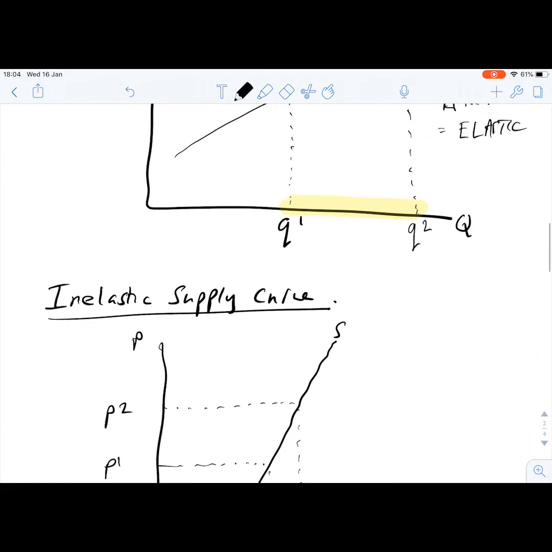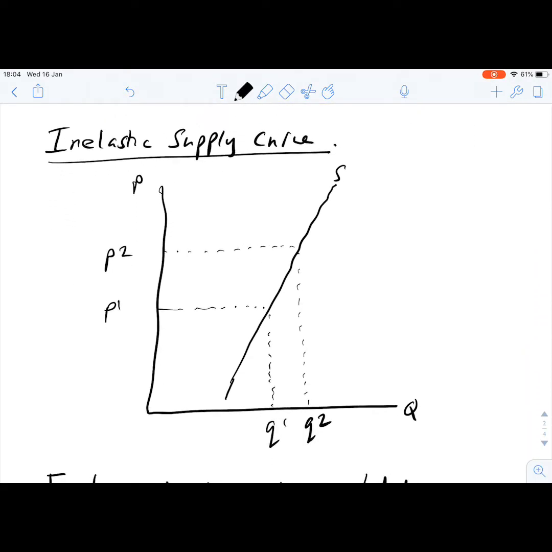And let's have a look at an inelastic supply curve now. Again, let's think about our 45-degree line. We're just going to rotate it to the left-hand side. Let's just quickly remove that one. Okay, and here we've got an increase in price again from P1 to P2.